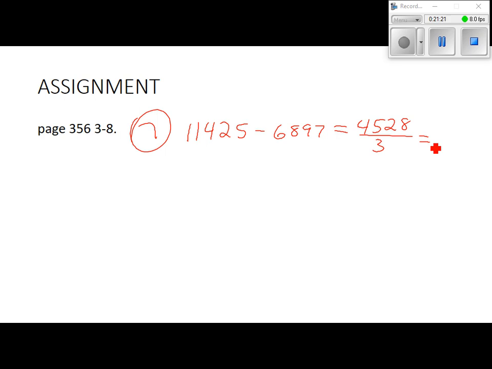1,509 and 33 cents. So what we have there is how much per year the value of the car is going down. In about another year, she can expect the car to be worth about $3,000. Another year after that, about $1,500.